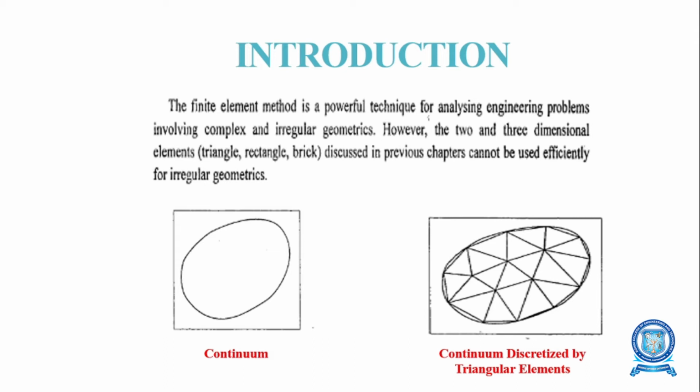In the finite element method, it is one of the powerful techniques for analyzing engineering problems involving complex and irregular geometries. The two-dimensional and three-dimensional elements like triangle, rectangle, brick, which we already discussed in the previous units, cannot be used efficiently for irregular geometry.